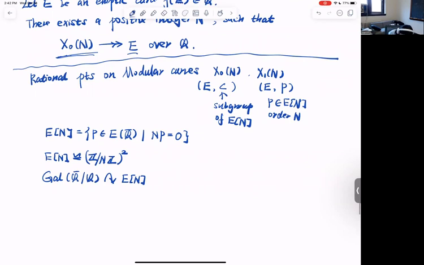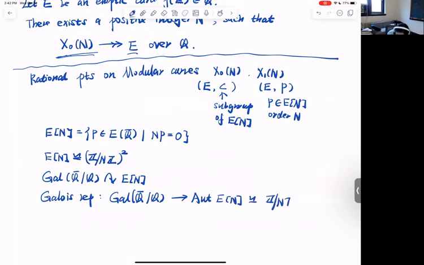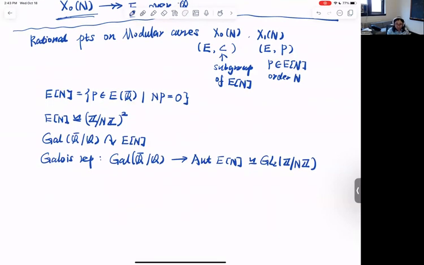This actually gives rise to a Galois representation, meaning a homomorphism from Gal(Q bar over Q) to the automorphisms of E[N]. Since the group is (Z mod NZ) squared, its automorphism group is GL2 of Z mod NZ. So this gives you a group homomorphism from the absolute Galois group to GL2(Z mod NZ).